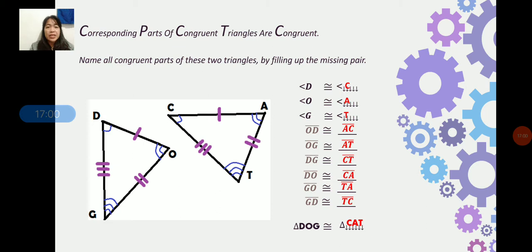That is by CPCTC, where all three sides and three angles are congruent to the three sides and three angles of another triangle correspondingly. Okay, don't forget that. Now Jake, you are always excited. Let us proceed with the next topic.